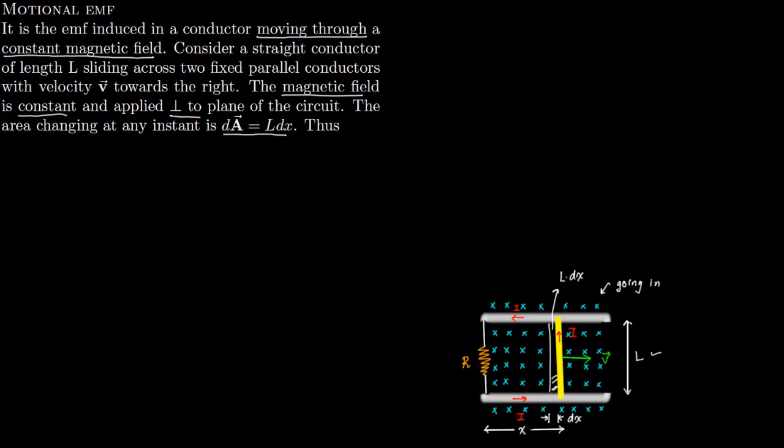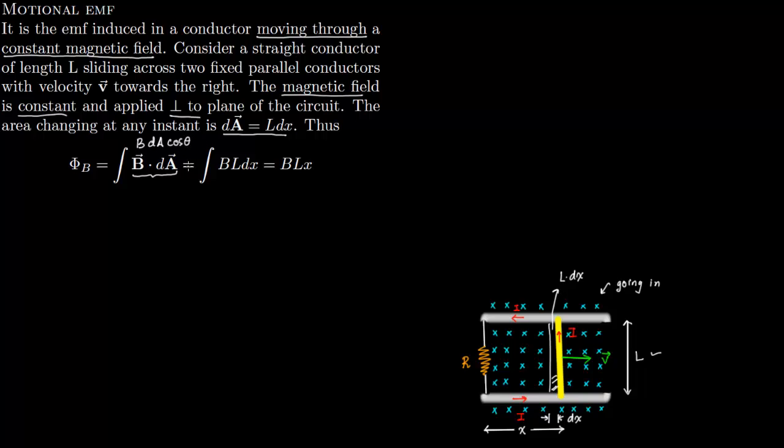The flux formula is given as the integral of magnetic field dot product with the small area vector. Now we have already seen that the magnetic field is constant and applied perpendicular to the plane of the circuit. So this expression becomes B dA cos theta, and cos theta is 1.